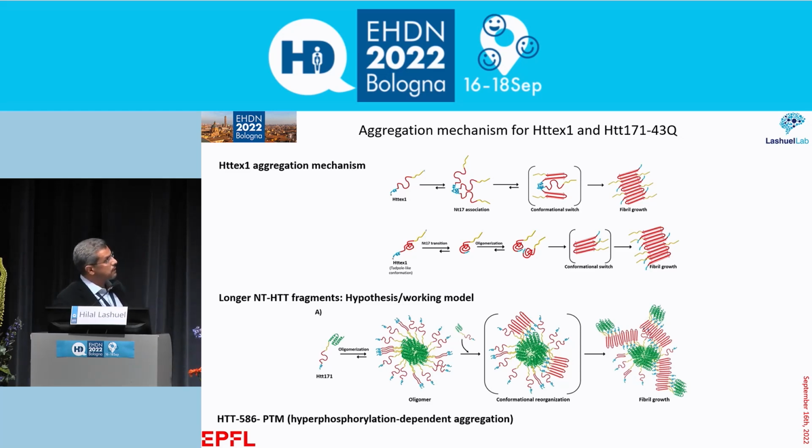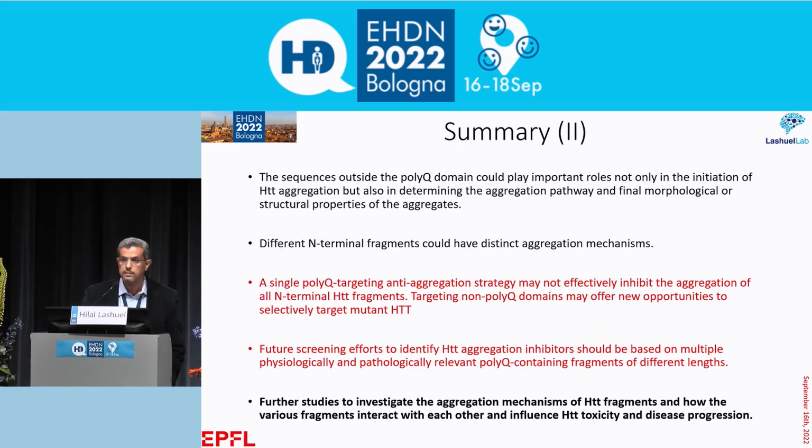So we showed 3 different pathways of initiating Huntingtin aggregation depending on the fragment length: NT17 polyQ dependent, globular domain dependent, C-terminal globular domain dependent, and hyperphosphorylation dependent mechanisms. And what this shows is basically that sequences outside the polyQ domain not only modify the aggregation of the protein, but can also play a key role in the initiation of the aggregation process, and that different N-terminal fragments could have distinct aggregation mechanisms.